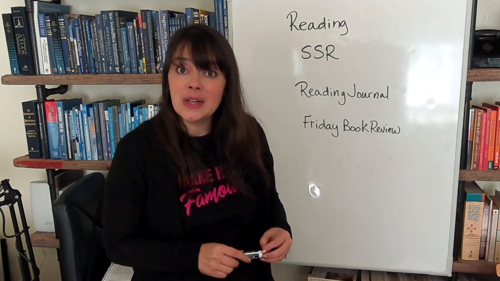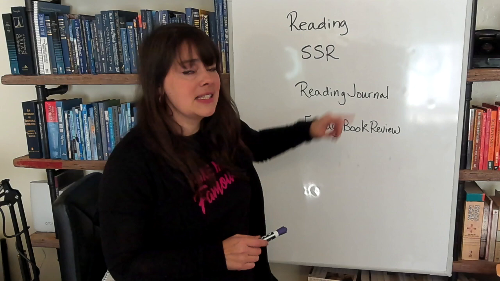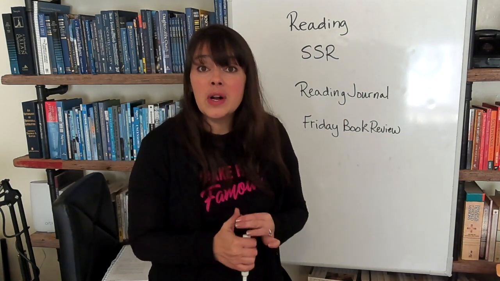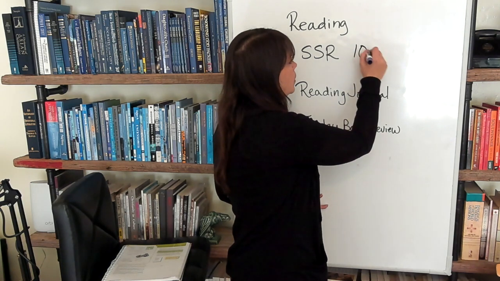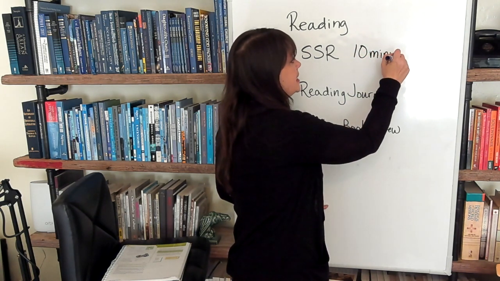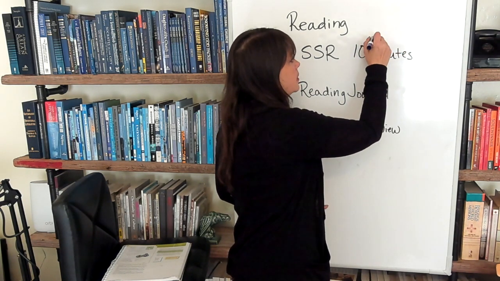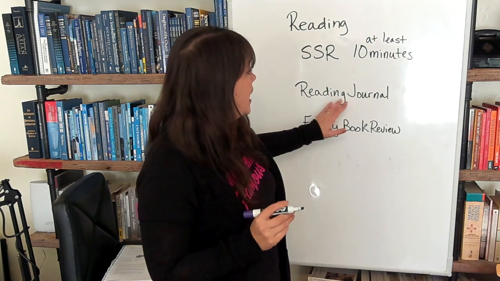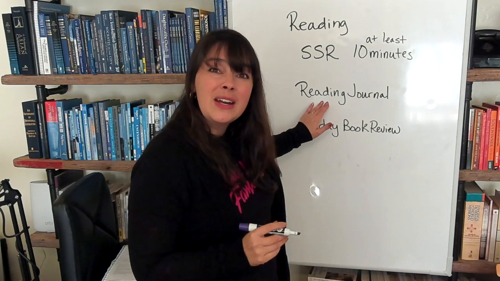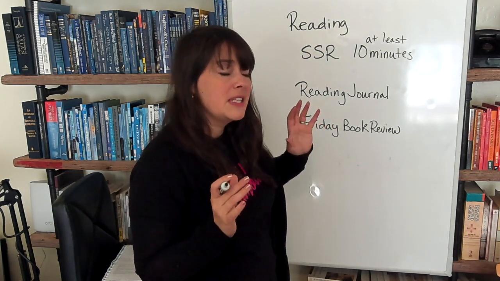So this week, I would like you to do sustained silent reading every day for at least 10 minutes, okay? It can be longer, but at least 10 minutes, okay? And each day, I want you to put in a reading journal and to keep track, okay?